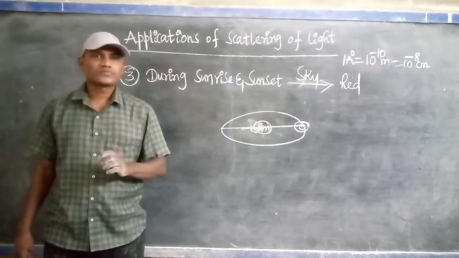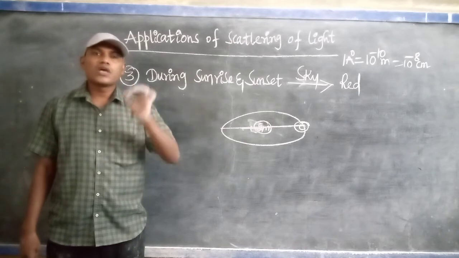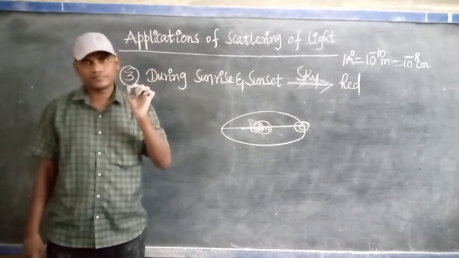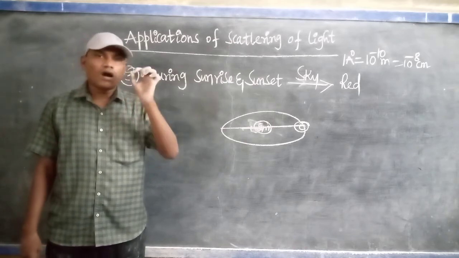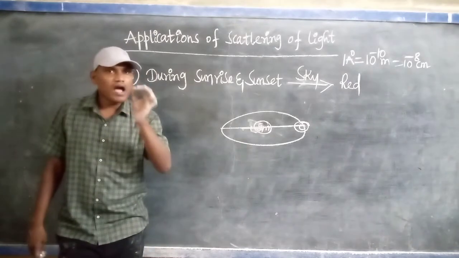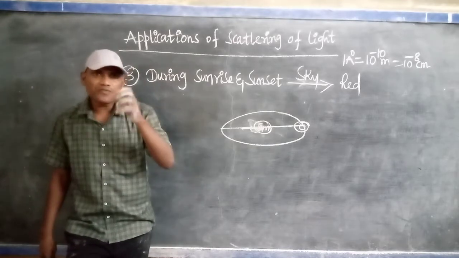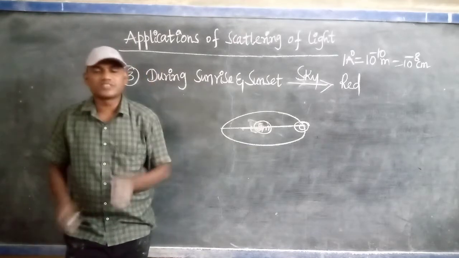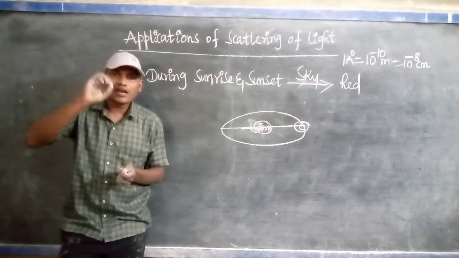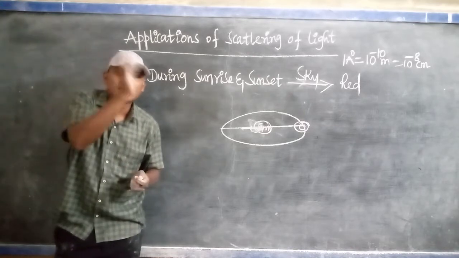We know that according to the scattering of light, which color of the light having higher wavelength, scattering is less; lower wavelength, scattering is more. Listen very carefully. A color of light having the higher wavelength, its scattering is less.